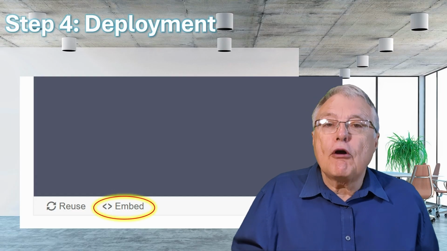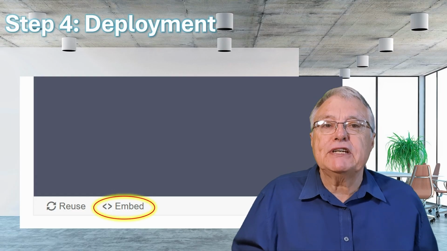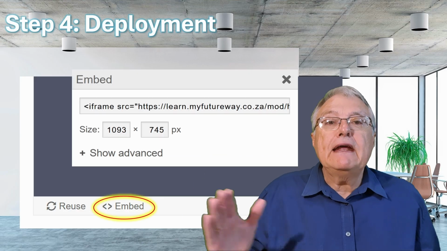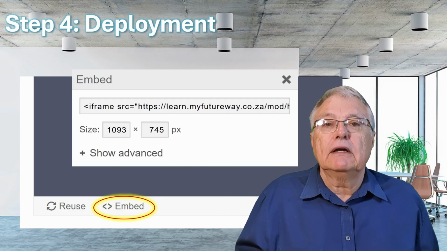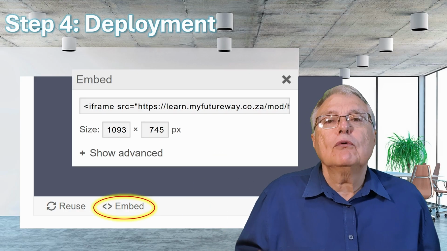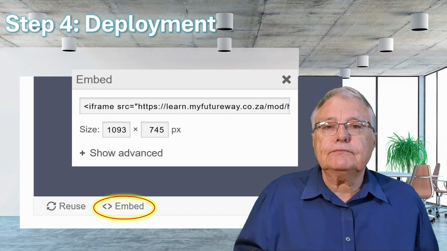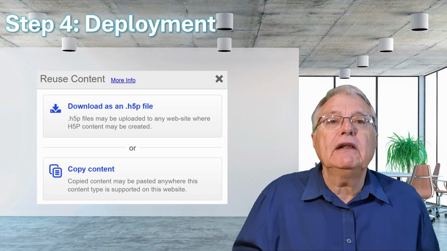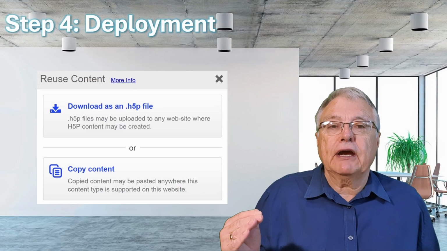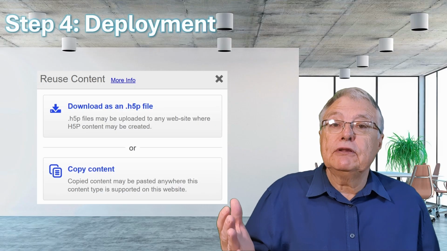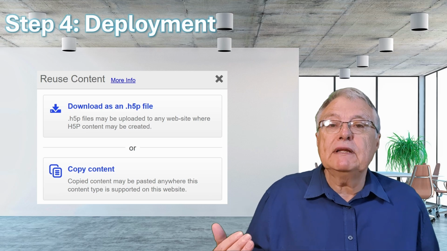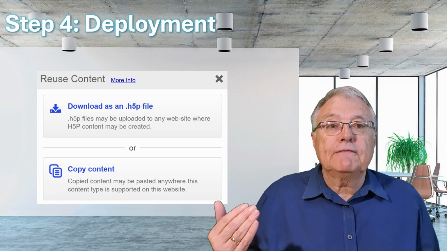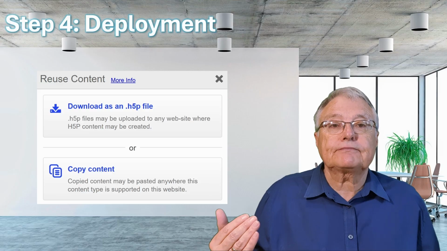Option 1, copy and paste the iframe code generated by H5P anywhere that accepts HTML, a website, a blog, or even another platform. Option 2, download the H5P package file and share it with other educators. They can upload it into their own H5P environment and even adapt it for their own context.